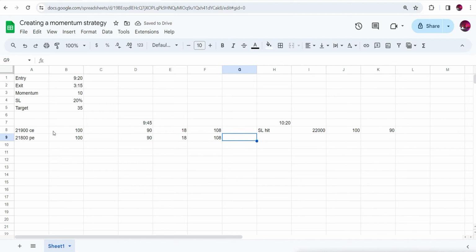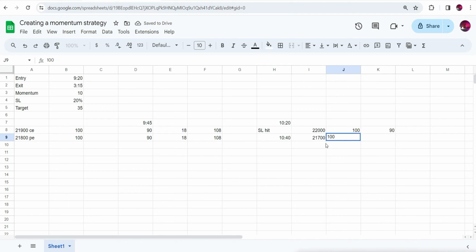The same is the case for the 21,800 put. 108 was the SL, and assume it was hit at 10:40. Our stop loss was hit. Again, it will select the strike at 10:40 whose premium was 100. Assume the strike we got was 21,700, whose premium was 100 at that time.